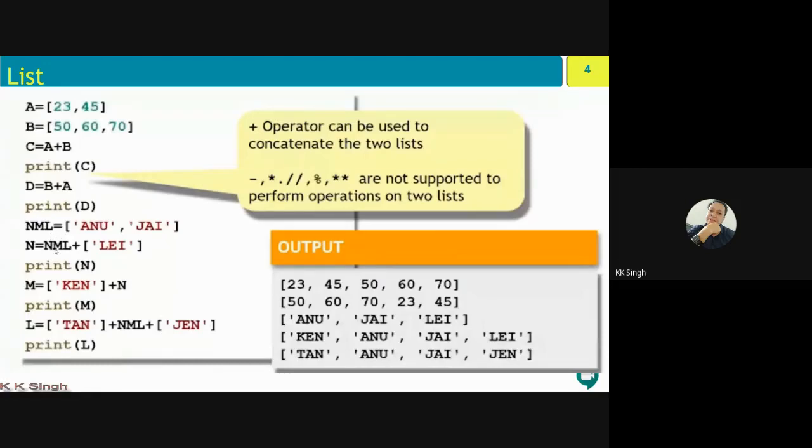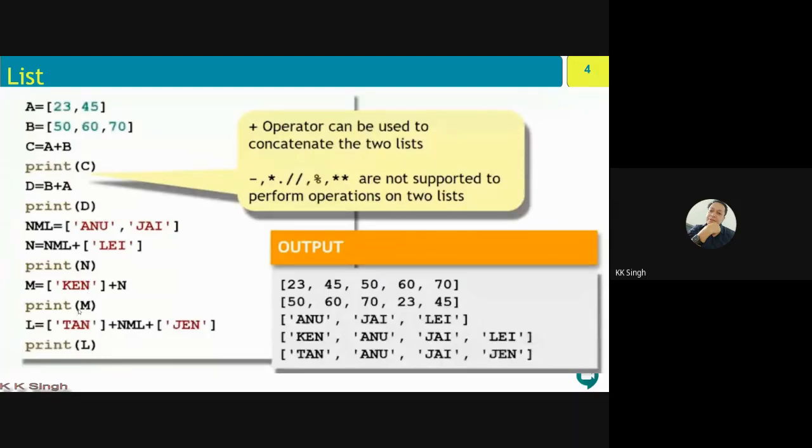When you concatenate with Lee, Anu, J, and Lee are concatenated, and the list is stored in variable M. If you apply this concatenation operation, M is equal to Ken plus N, so Ken will be the first element of the list. If you print M, the N list will be concatenated to Ken. So M will have Ken, Anu, J, and Lee.